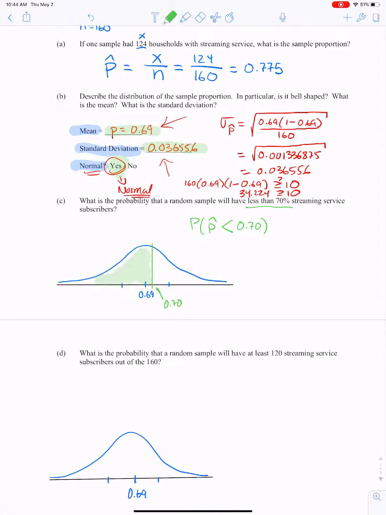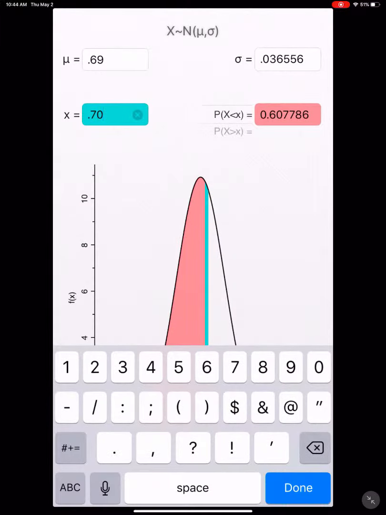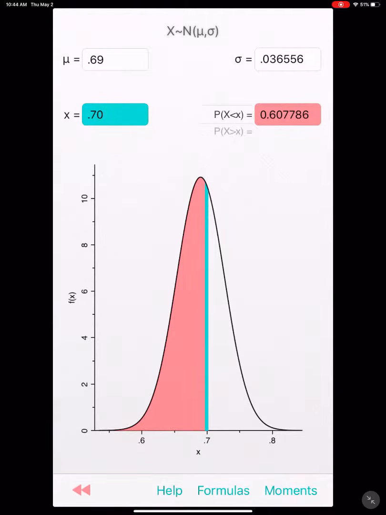Okay, in order to find that probability now, we're going to flip over to our app where I've already put in the mean and the standard deviation that we're going to need. The mean is 0.69, the standard deviation is 0.036556, and the probability that x equals 0.70, we use that for our p-hat, and the probability is 0.607786.